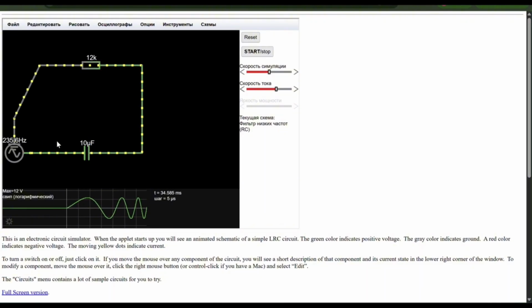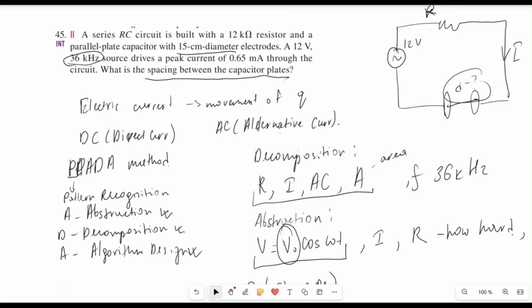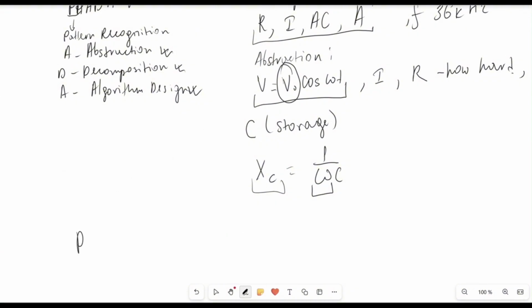There is the pattern recognition. What does it mean? Pattern recognition means we need to see the behavior.